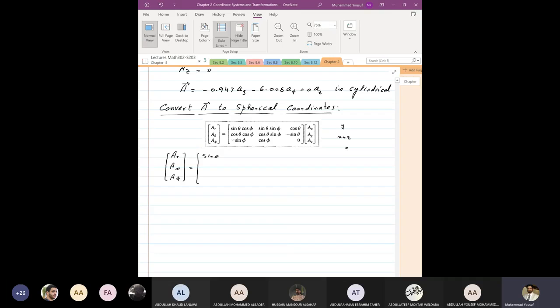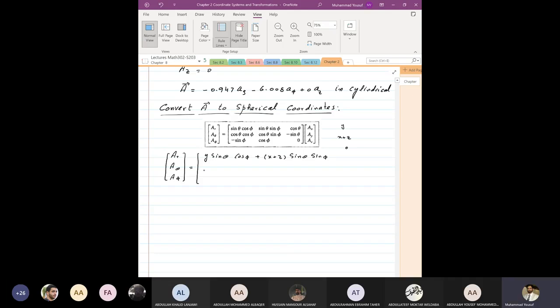So this will be Y sine of theta cosine phi plus X plus Z sine theta sine phi plus 0.